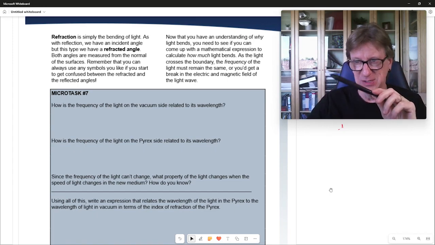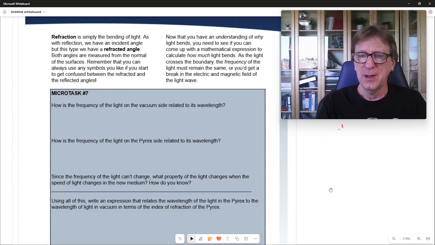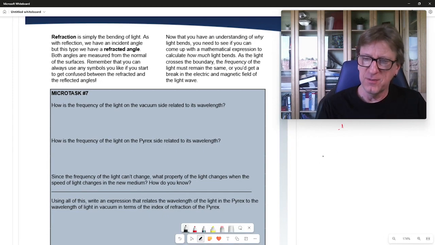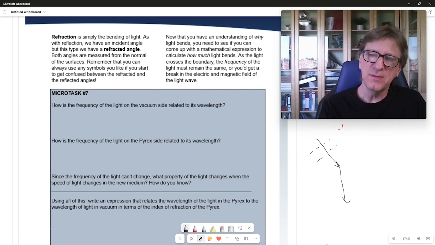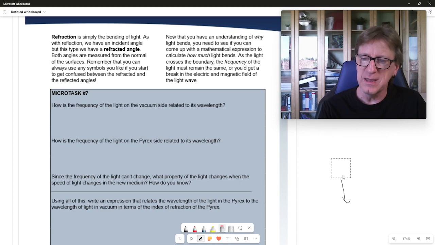Remember, they've got to stay straight. They're changing direction. But the path of my incoming wave, which remember, is nothing more than showing you how those wavefronts are going, that path does bend. And so when we talk about bending of light, we're talking about the bending of that kind of ray, that path marker that's coming in here.